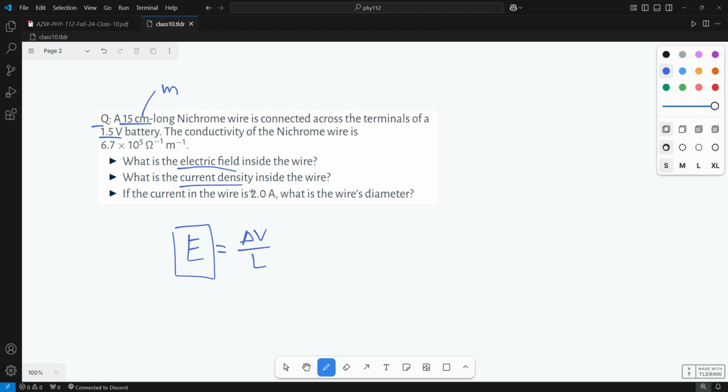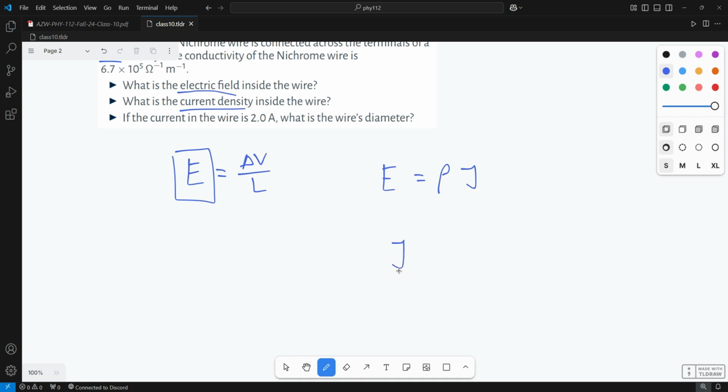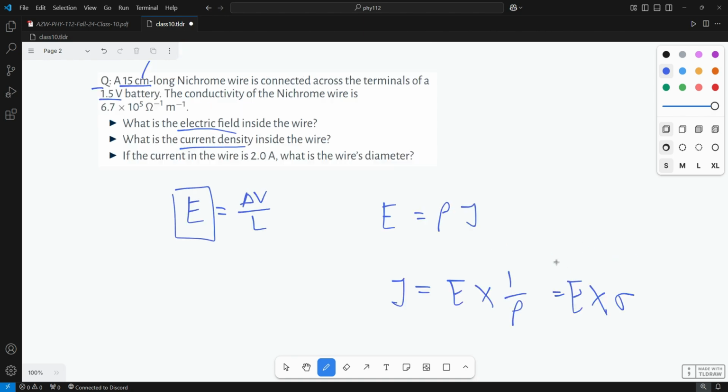What is the current density inside the wire? So we know that electric field equals resistivity times electric current density. So current density equals electric field times 1 by resistivity, which is electric field times conductivity.